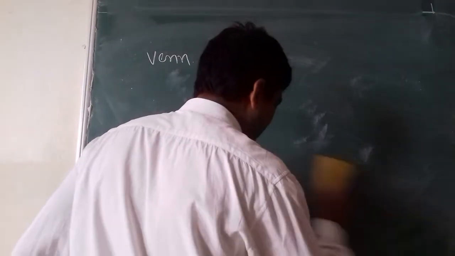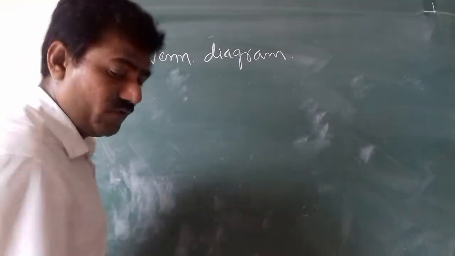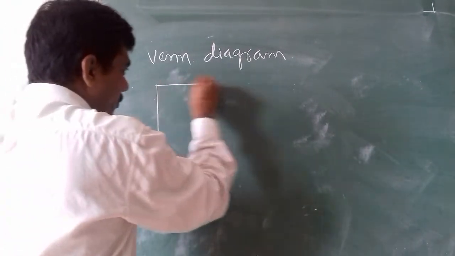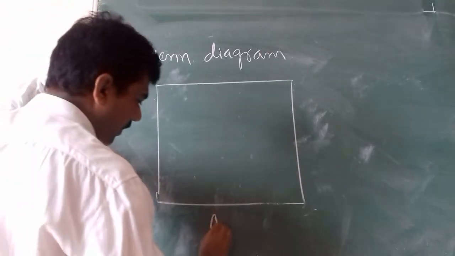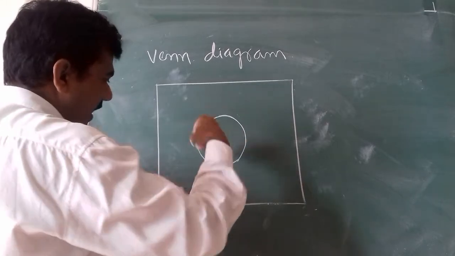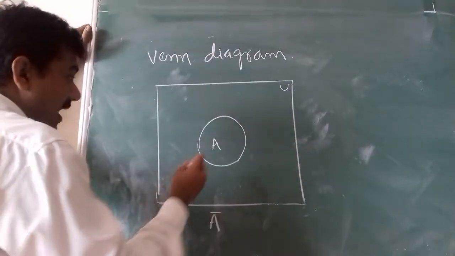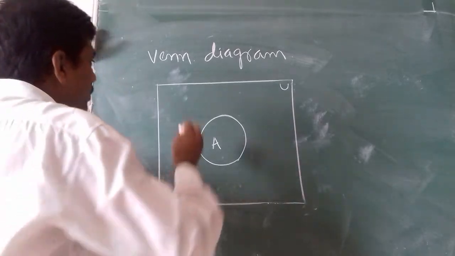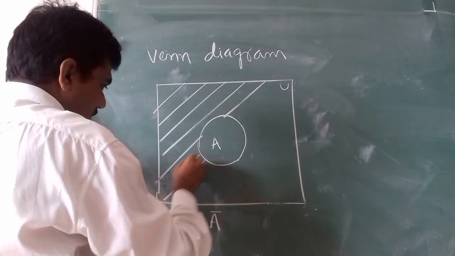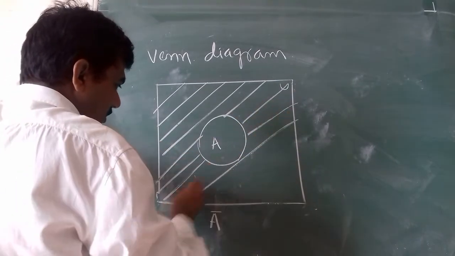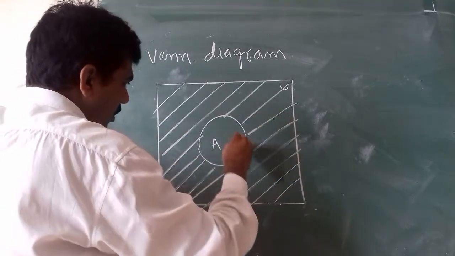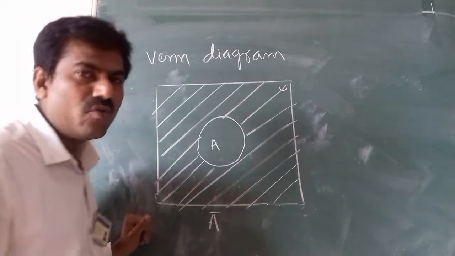Now we will see the Venn diagram for set operations. For the first set operation, complement: A complement. This is our set A, and A complement is what? These are the elements which do not belong to A. So this portion which I am showing by the lines, this complete portion outside the circle A, is your A complement.